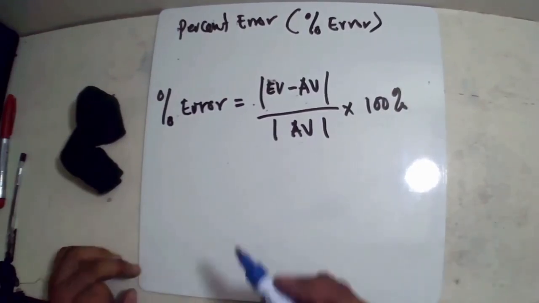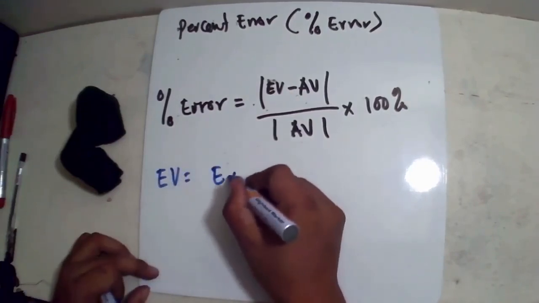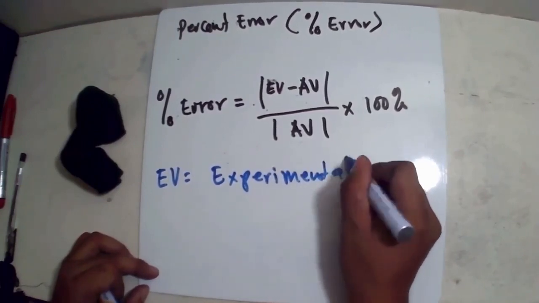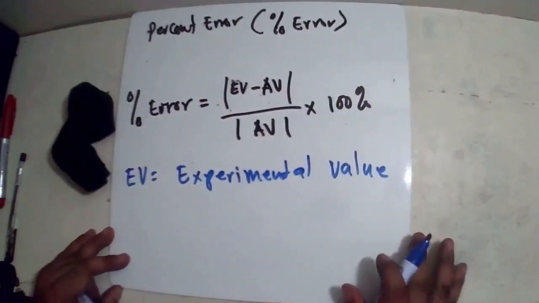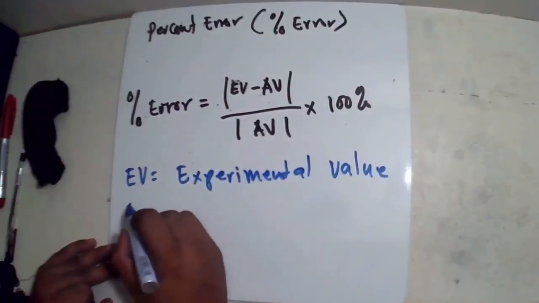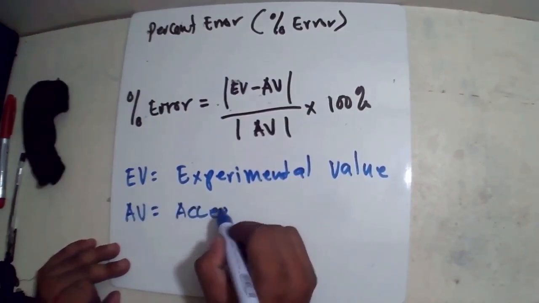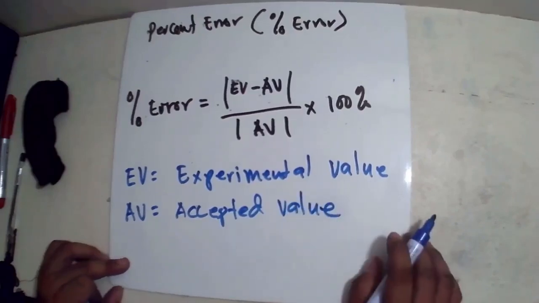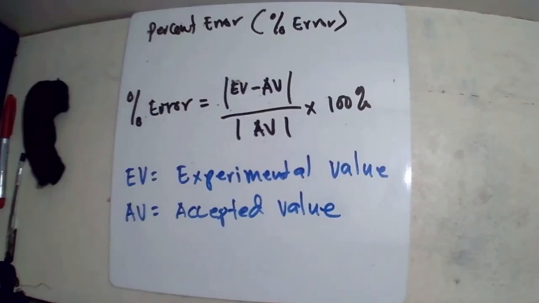So this is the percent error formula in determining how many percent of error is in your experiment or in your data, where EV here is the experimental value, and AV here is the accepted value, and percent error is also percent error.